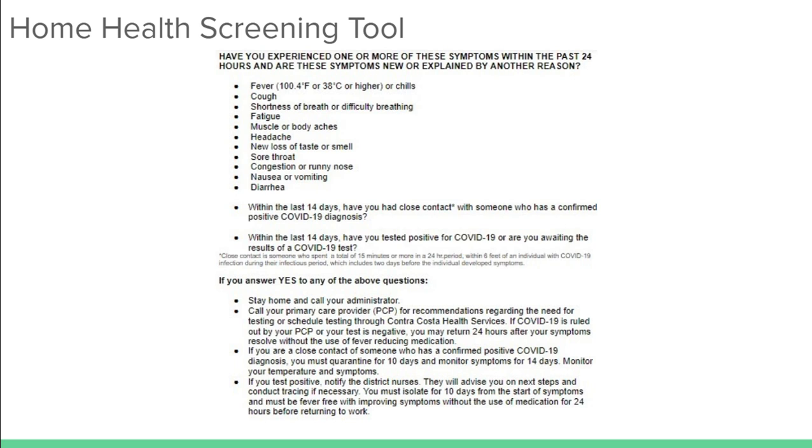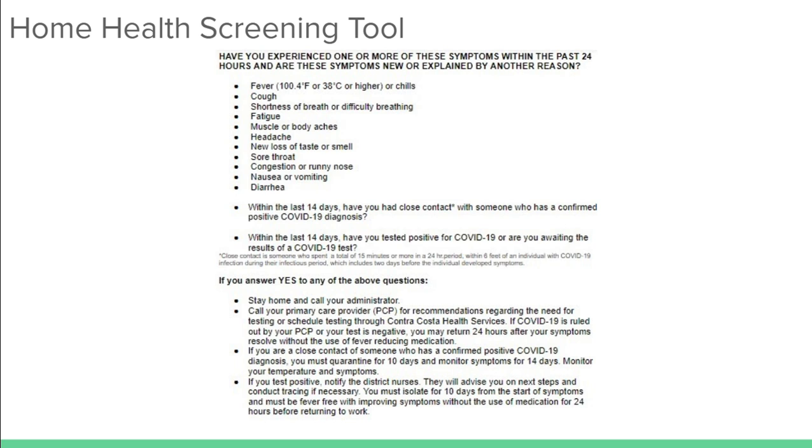It's important to note that we do have the caveat at the beginning that these symptoms are new or unexplained. So for example, if your student does have a history of asthma and you know that they're just experiencing their normal asthma symptoms, it would still be okay to send them to school.